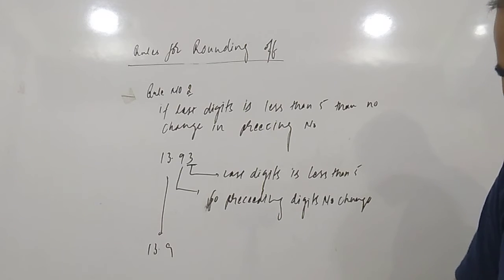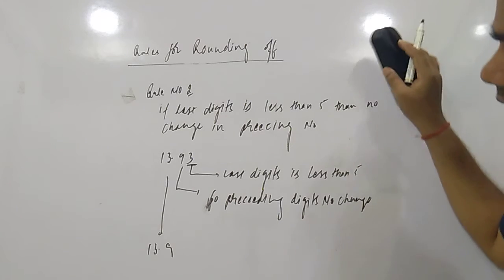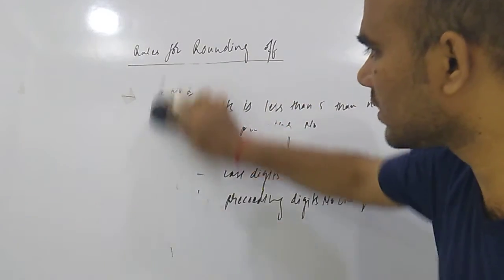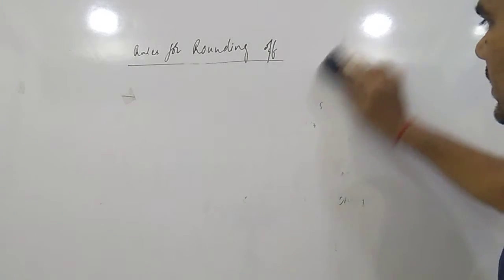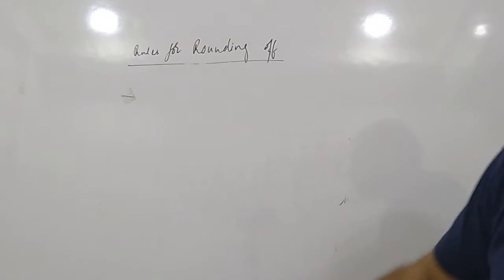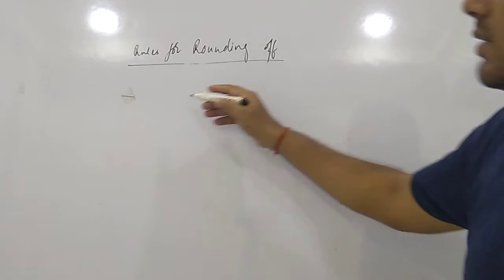And one more rule is there, student, that I want to tell you also. Let us see rule number 3. This is the most important rule. These 2 rules everybody is able to memorize, but the third rule is important.